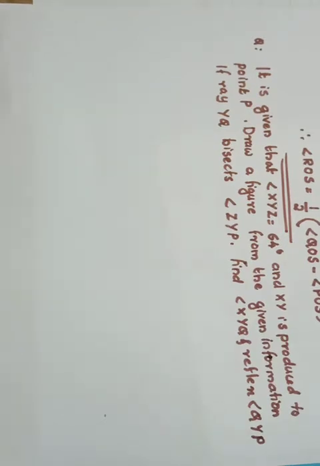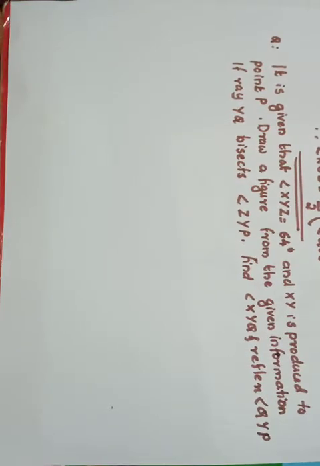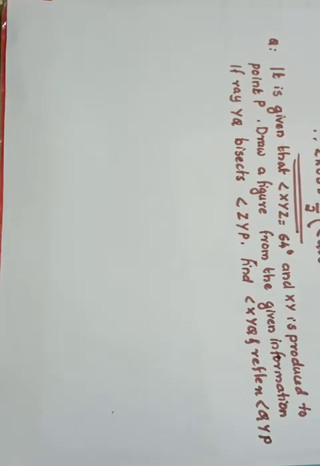So the last question from that exercise: it is given that angle XYZ equals 64 degrees and XY is produced to point P. Draw a figure from the given information.